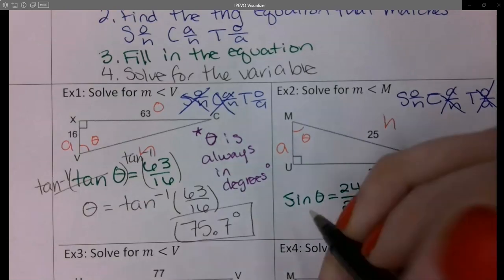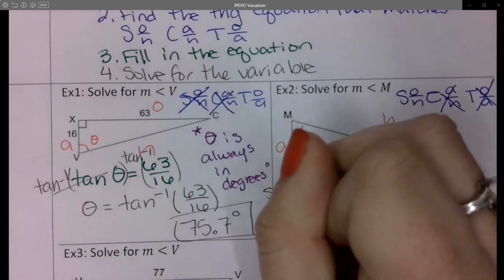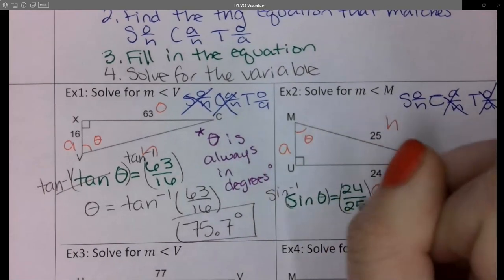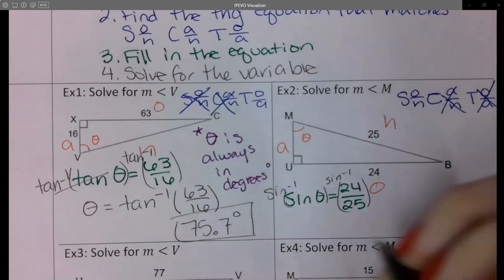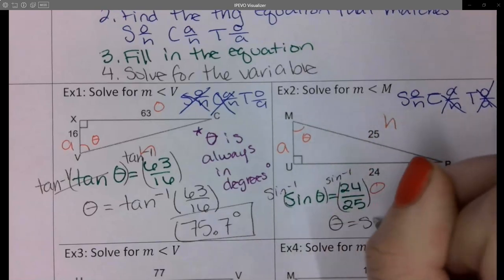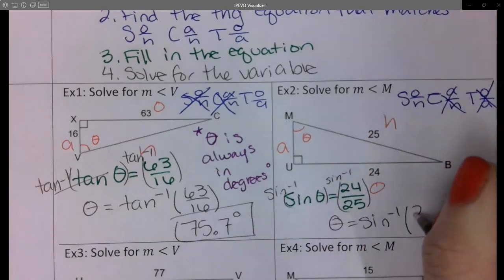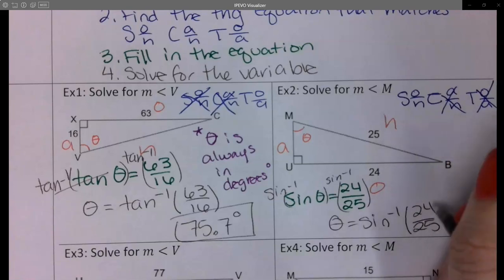Then I want to get rid of the word sine, which I do using sine inverse. So that'll give me theta equals sine inverse of 24 over 25.